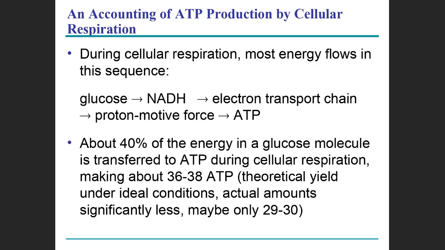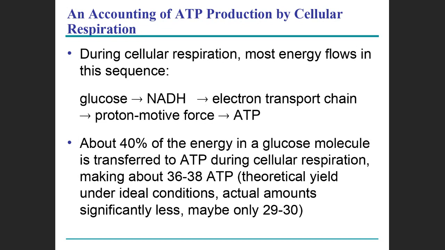So most of the energy flows from glucose to NADH, a little bit goes to FADH2 in the electron transport chain, which creates the proton motive force, the hydrogen ion gradient, which leads to the formation of ATP. And so I said before, only about 40% of the energy in that glucose molecule is captured and used to make ATP.